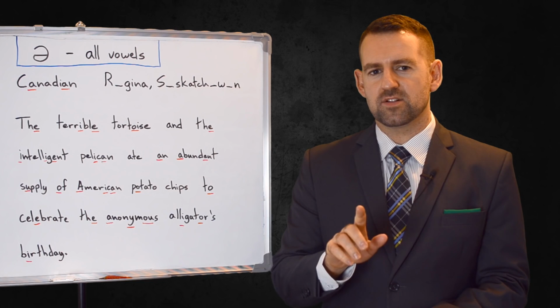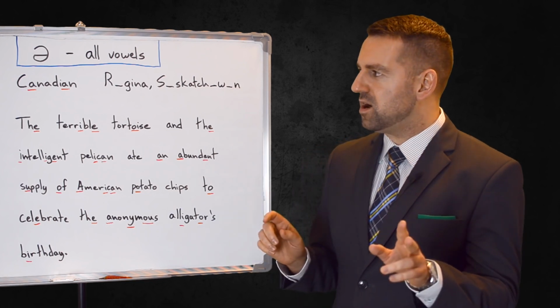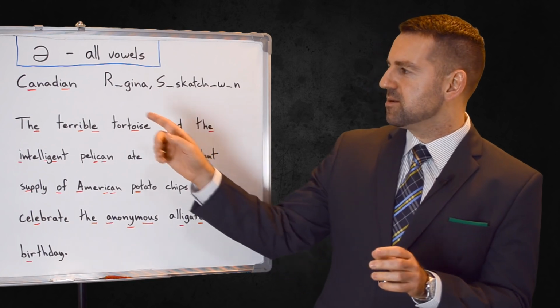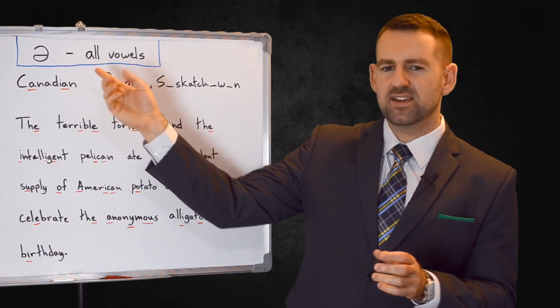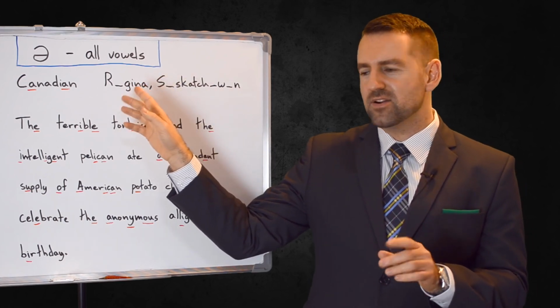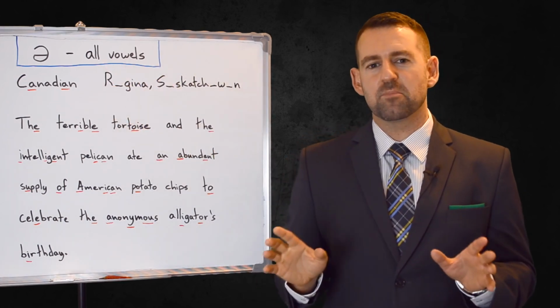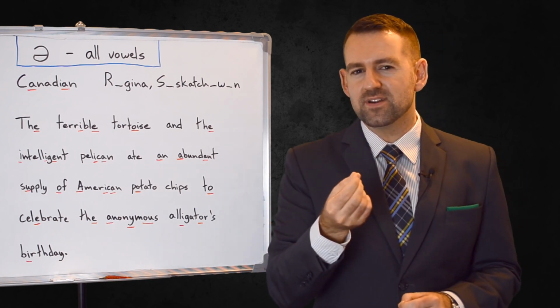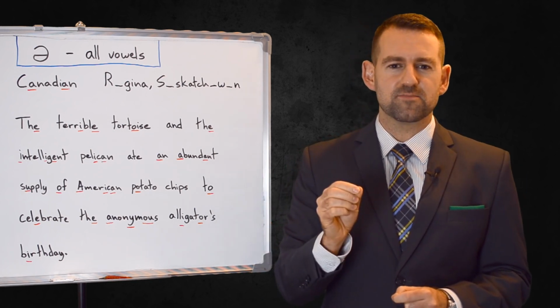There's a sound in English called the schwa sound, and it's represented by this upside down E looking symbol. Okay. It doesn't matter, the symbol isn't important. You don't have to remember it, but it's the sound that's important.